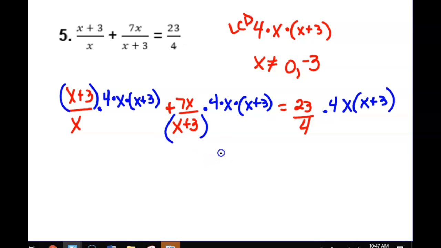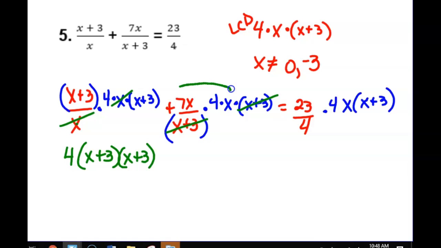Okay, what divides away? Unfortunately, not as much as we would like, right? The x divides away here, so what do we still have? Don't we have a 4 and an x plus 3 and another x plus 3? Oh, that's a mess. Okay, back here, x plus 3 divides away.